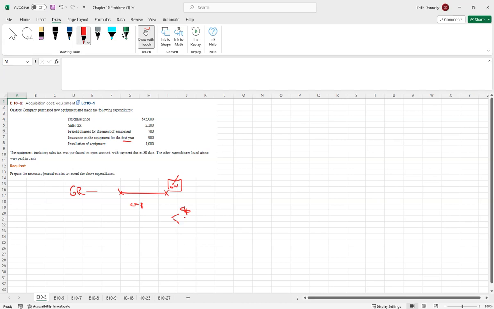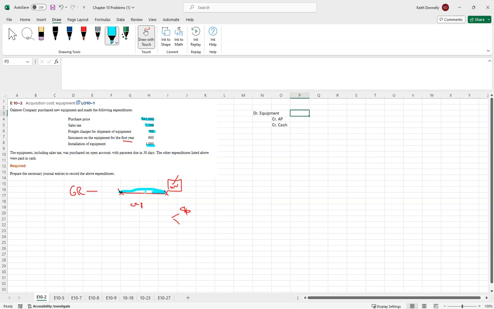Okay, so when we look at what's going on here, the journal entry is going to be essentially debit equipment, credit accounts payable, credit cash in this situation. Now, for the equipment, it's going to be the purchase price, the sales tax, the freight charges, and the installation.